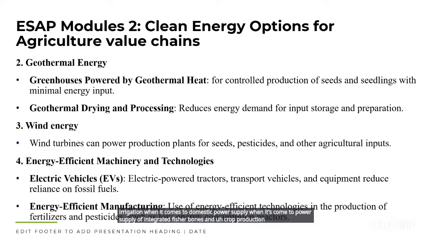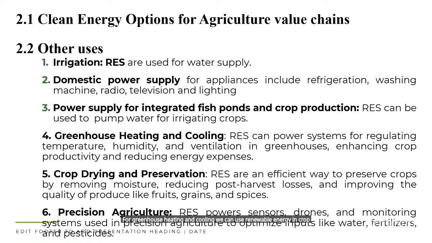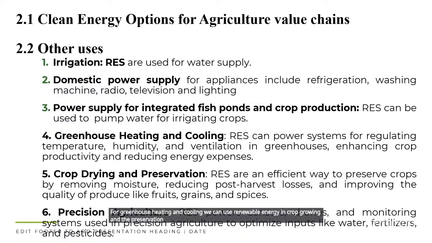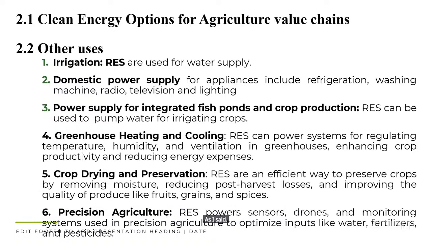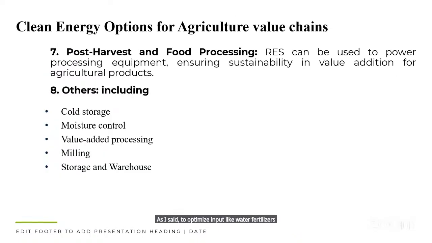We can use renewable energy for greenhouse heating and cooling. We can use renewable energy in crop drying and preservation. We can use this energy in agriculture when it comes to precision agriculture, as I said, to optimize inputs like water, fertilizers, and pesticide.